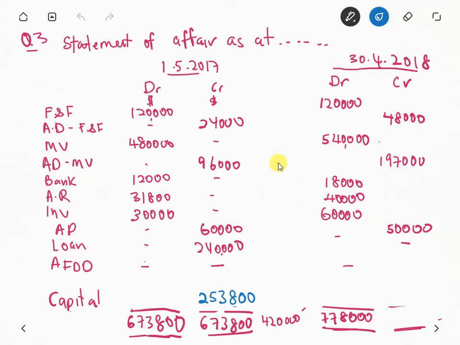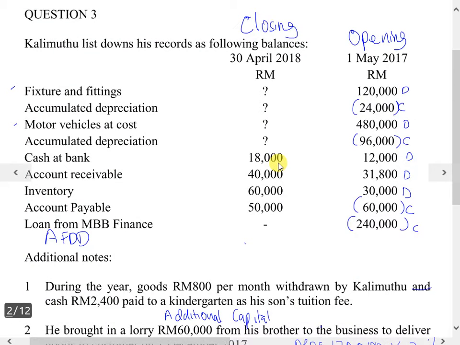Continue. This one okay? Okay. So opening settled with my asset, liability, capital.